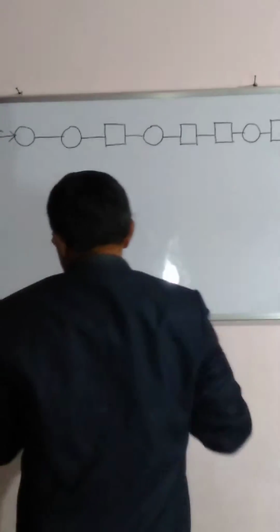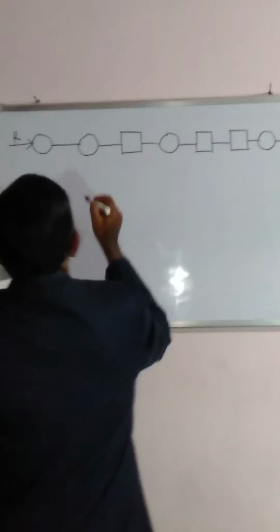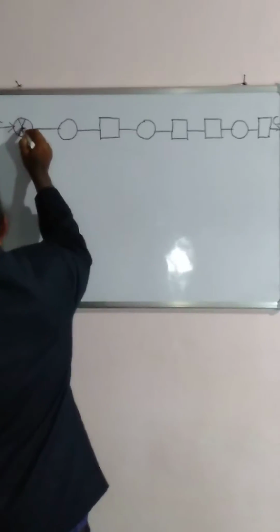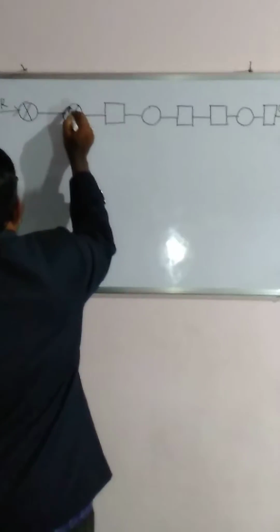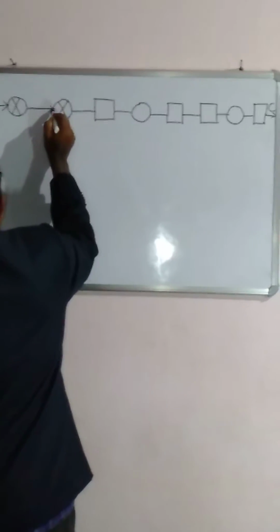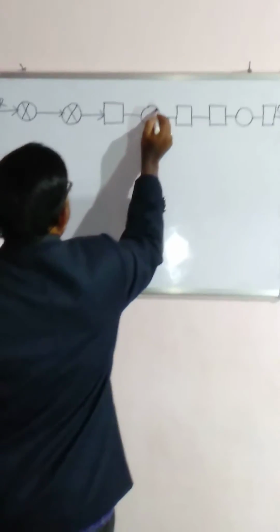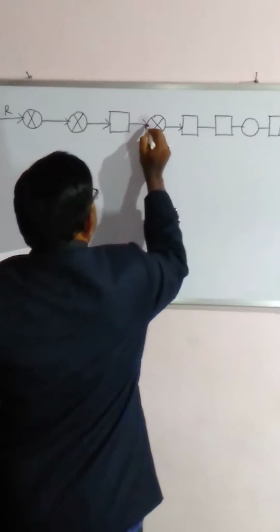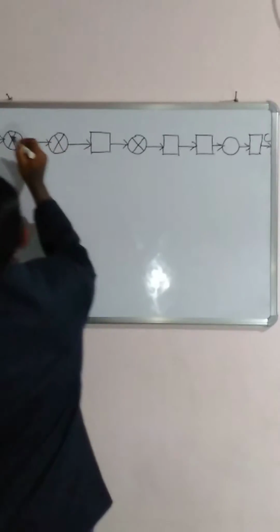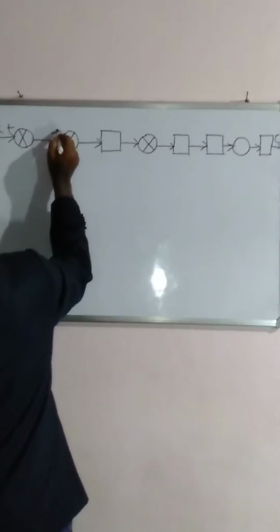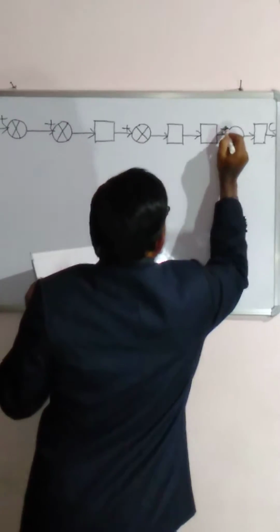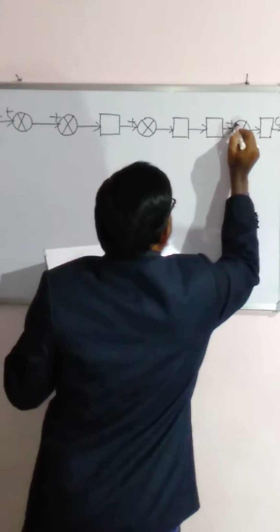We have to find out what is C by R, or the overall transfer function of the system. So this is plus, this is also plus, this is plus, this is also plus.